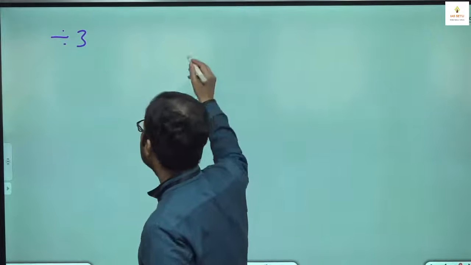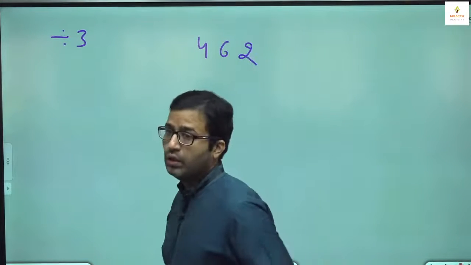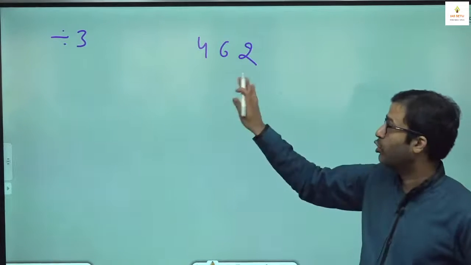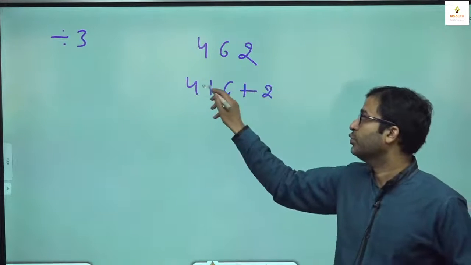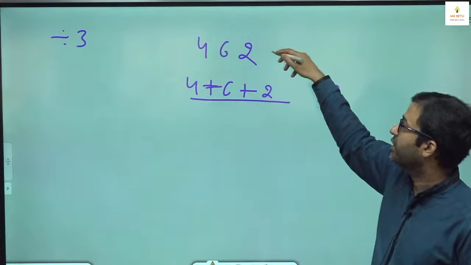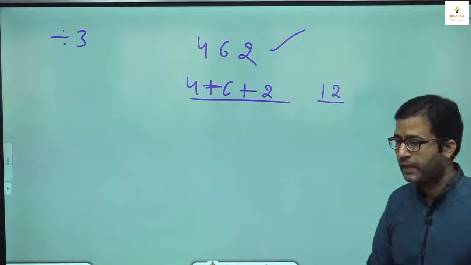Like for example, if I have number 462, so divisibility of 3 rule is sum of the digit. No need to check number. 4 plus 6 plus 2, this is 12. If this 12 is divisible by 3, it means this complete number is divisible by 3. Sum of the digit we check.